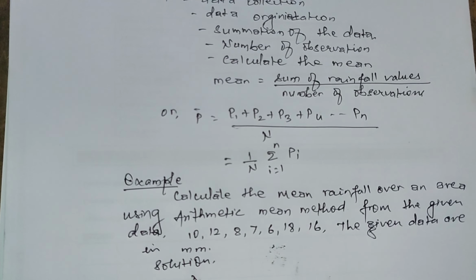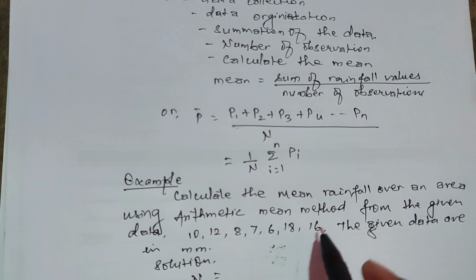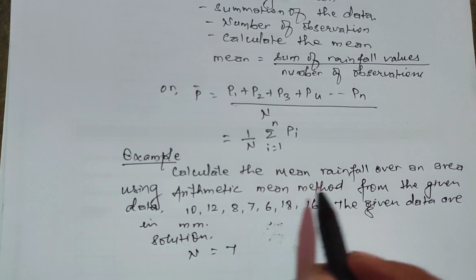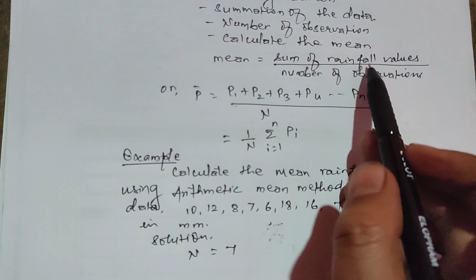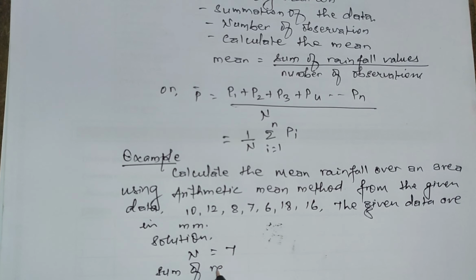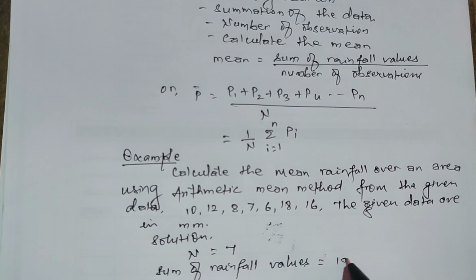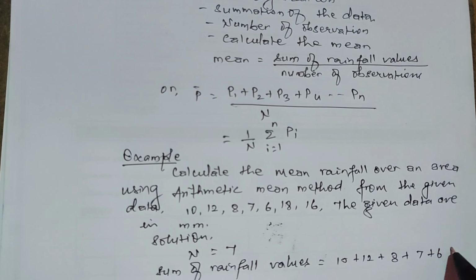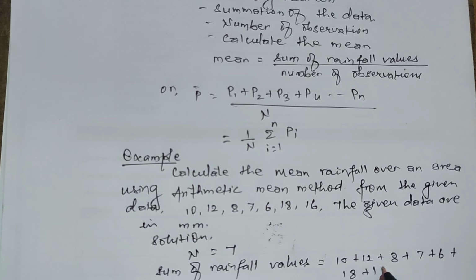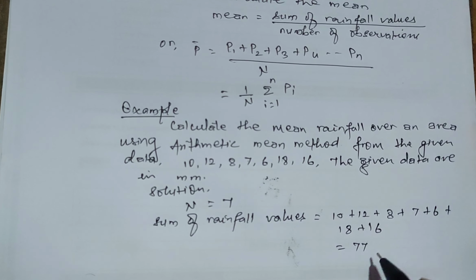First, here the number of observations n equals 1, 2, 3, 4, 5, 6, 7. And now the sum of rainfall values equals 77.